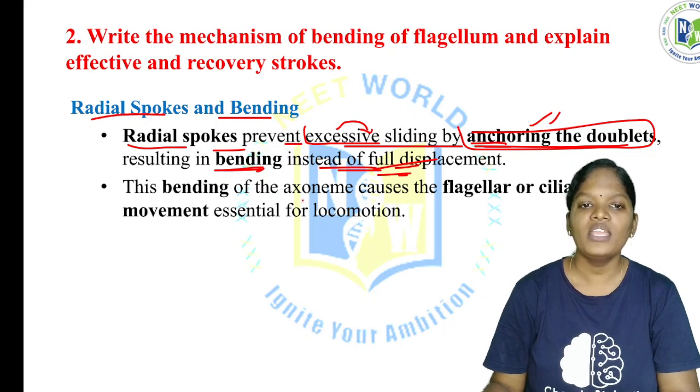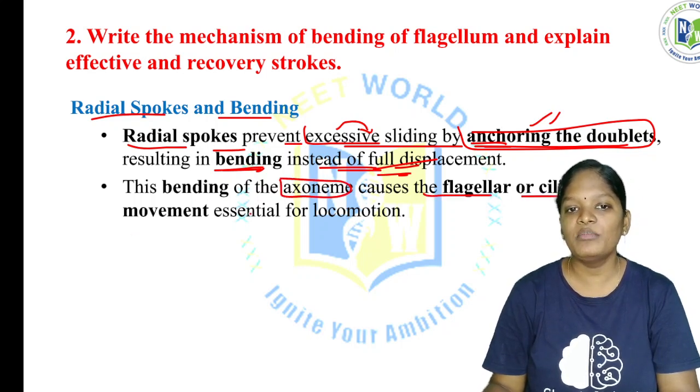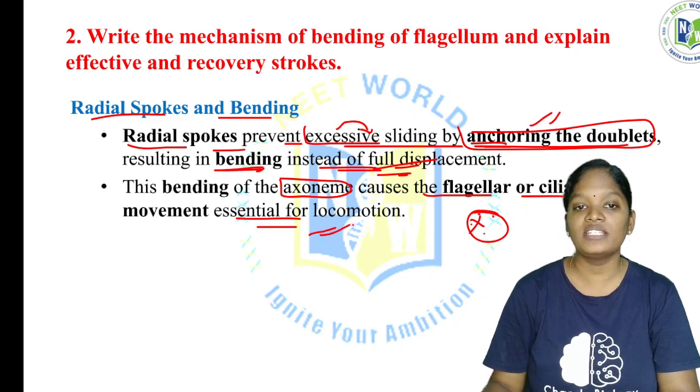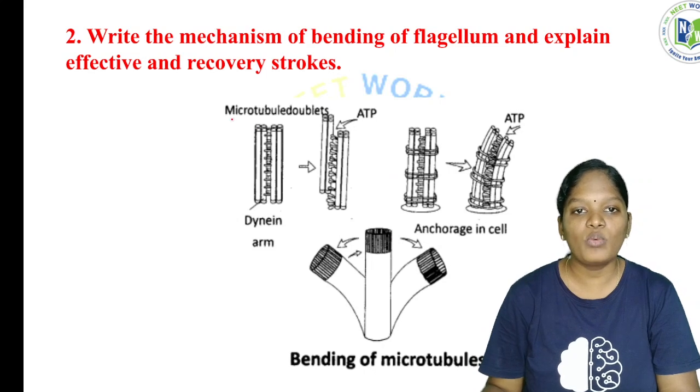So this bending of an axoneme causes the flagellar or ciliary movement essential for locomotion. This is very important and essential in the locomotion function. So this is a microtubule doublet, here one, here one.